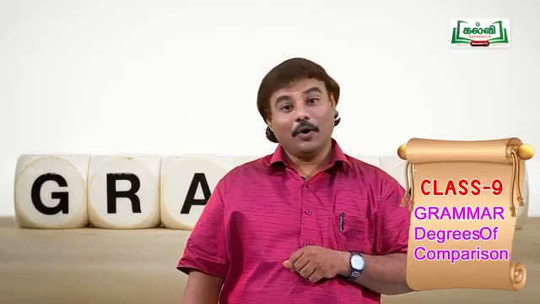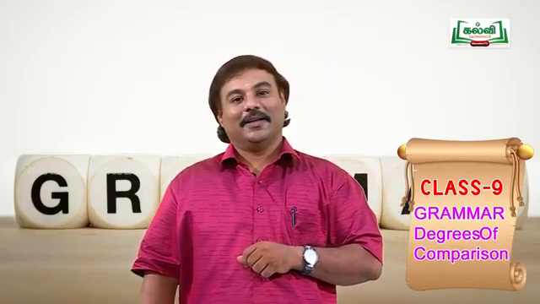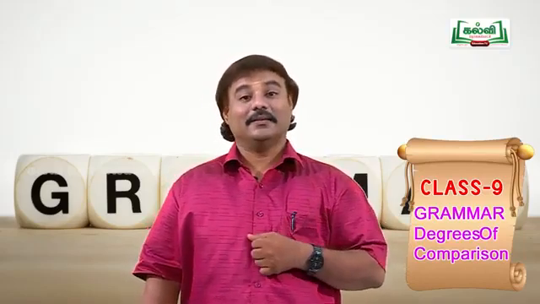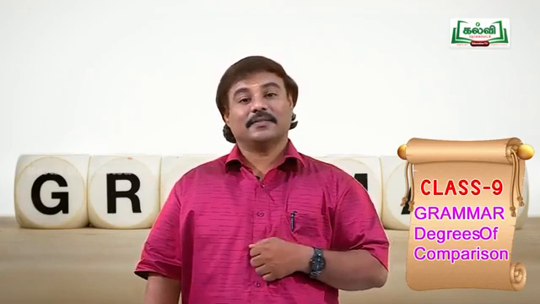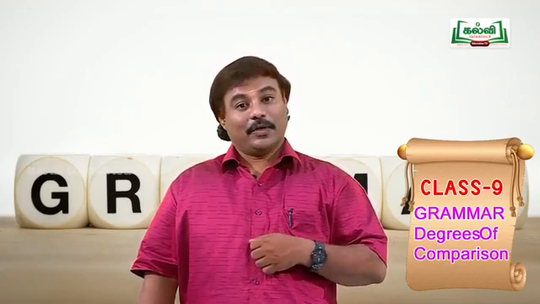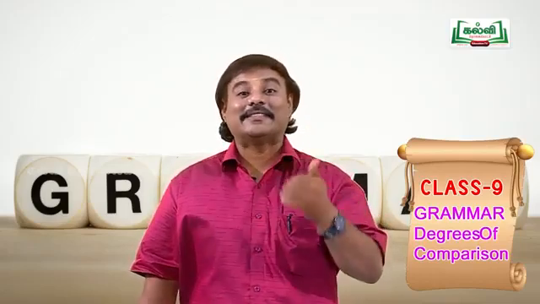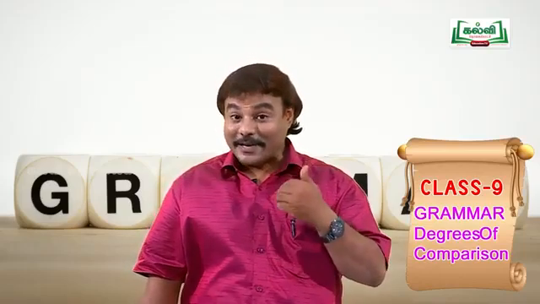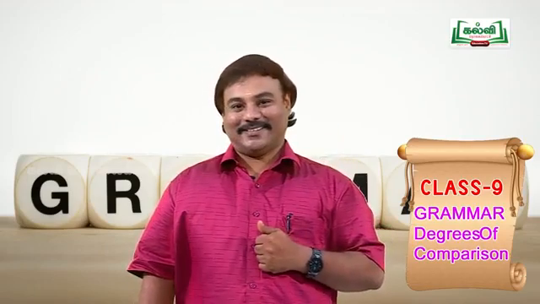Okay. I hope you would have enjoyed this lesson. You would have understood the concept of degrees of comparison and the rules of framing the adjectives. So, you are all very confident of going to the next step. What is the next step? The next step is transformation of sentences.